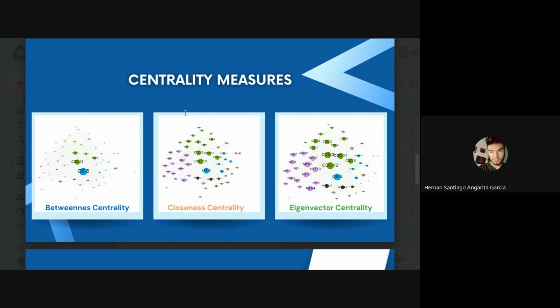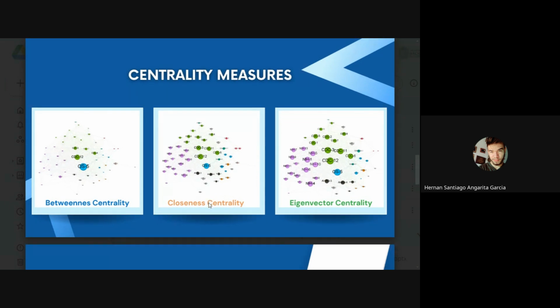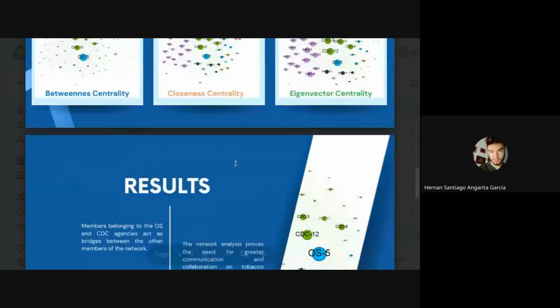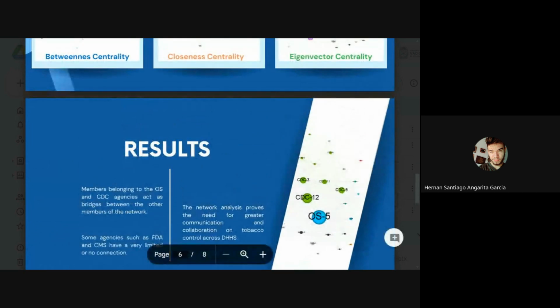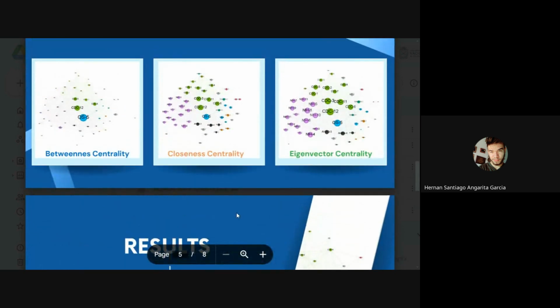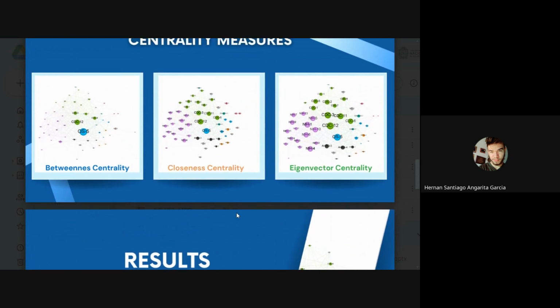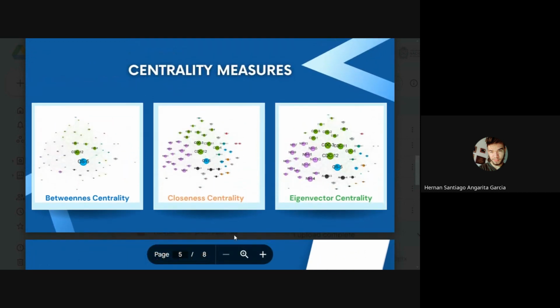For example, closeness centrality indicates how quickly information and resources can spread from a given node to the rest of the network. But in this case, there are some gaps in the network information, so this is not clear for them. And eigenvector centrality maybe is a good idea, but it's not a useful tool for the authors.